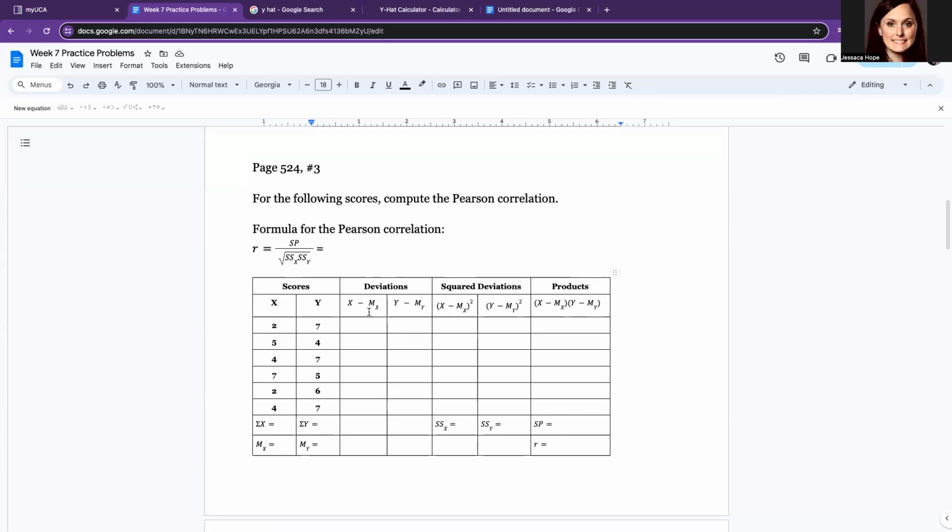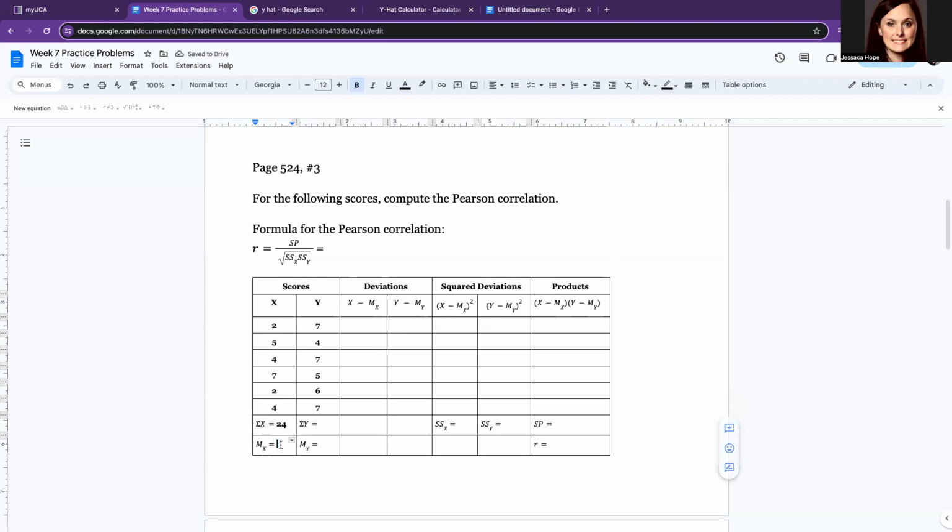So x is 2, y is 7, etc. These are the different scores. The deviation, so x minus mx. Well, the first thing we need to do is find mx and my. Sigma x, or sum of x, is going to be the sum of these scores. 2 and 5 is 7, plus 4 is 11, 18, 24.